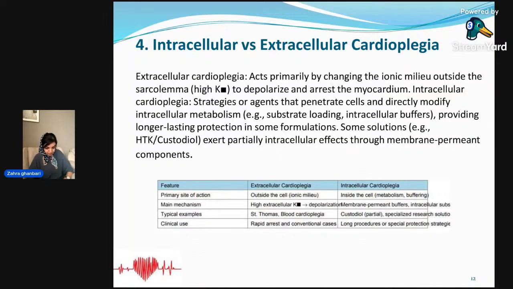And if I want to give an example of this, suppose you are cutting off the electricity to the house.